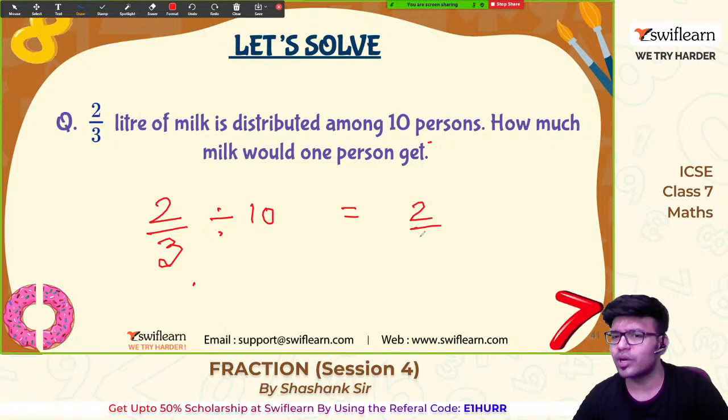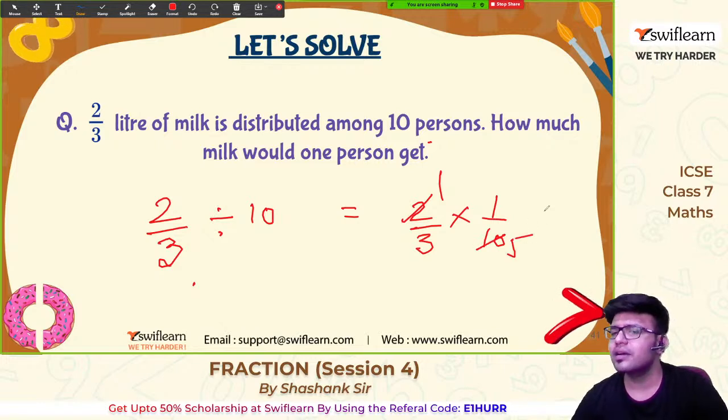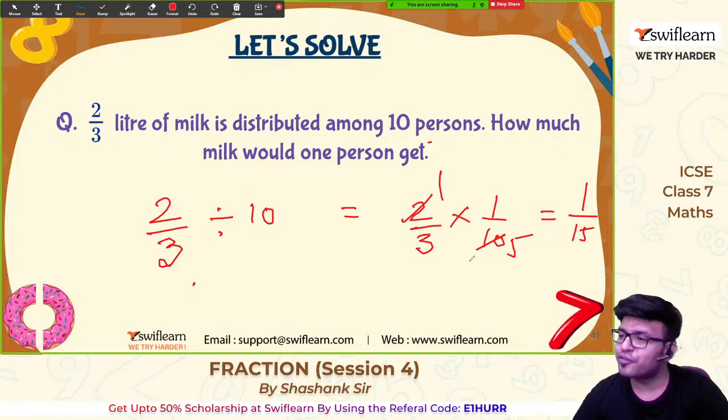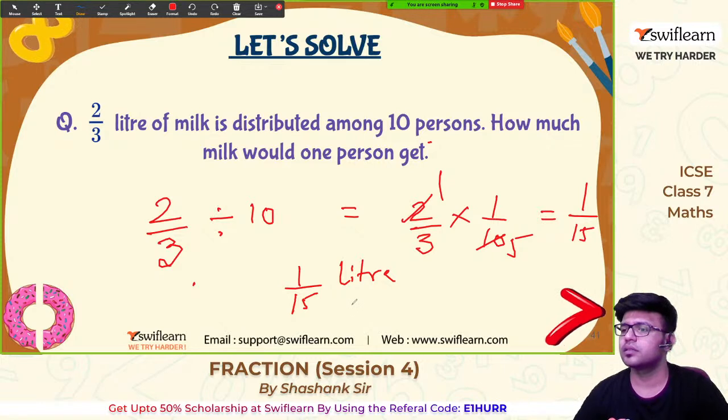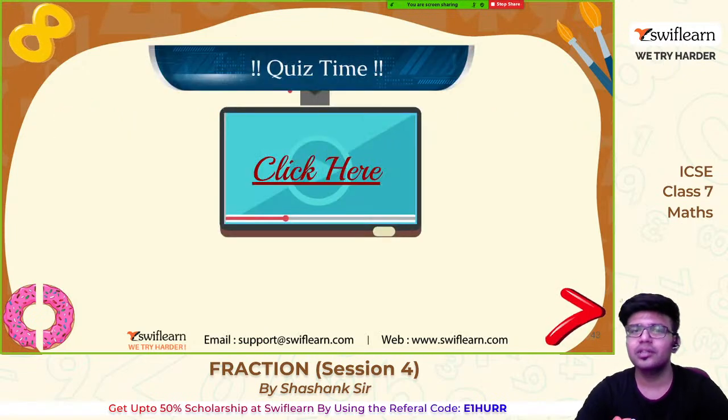Take the reciprocal and multiply. 2 ones are 2, 2 fives are 10. So 1 by 15th part of the milk. 1 by 15th liter every person is getting. Understood, guys? Moving on to the next question.